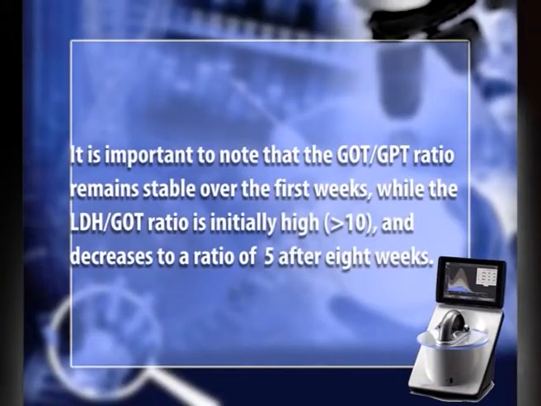It is important to note that the GOT-GPT ratio remains stable over the first weeks, while the LDH-GOT ratio is initially high, greater than 10, and then decreases to a ratio of 5 after 8 weeks.